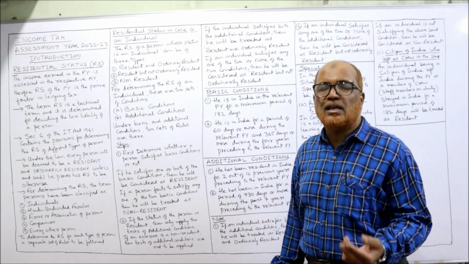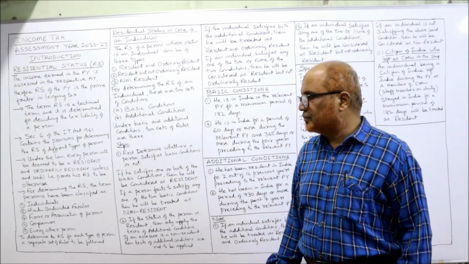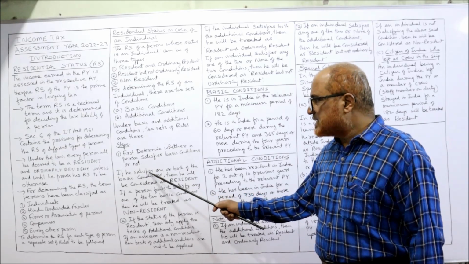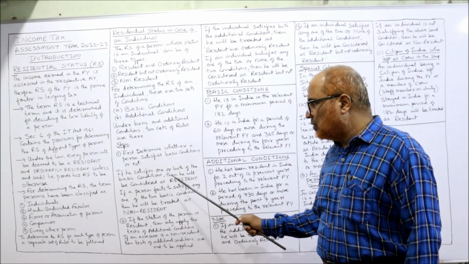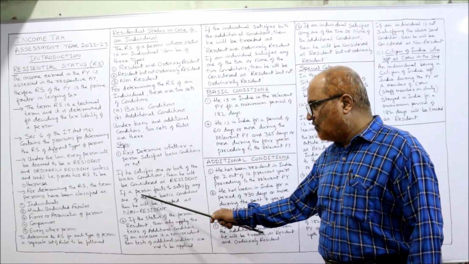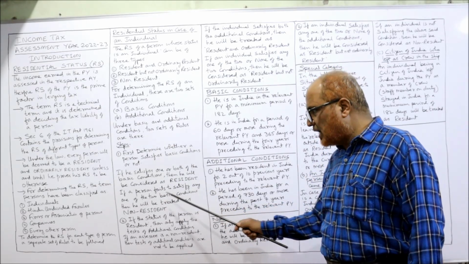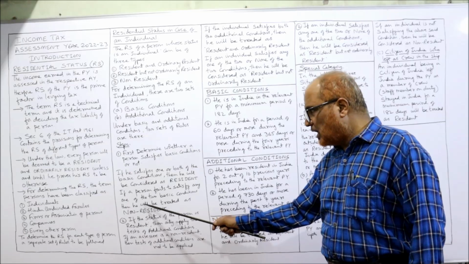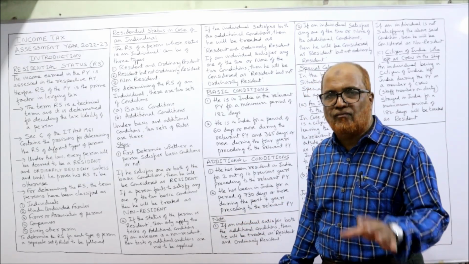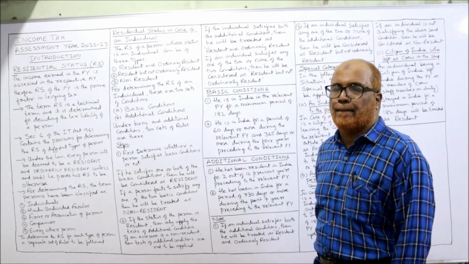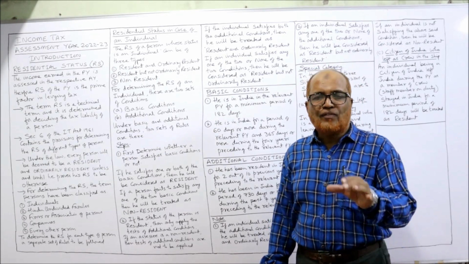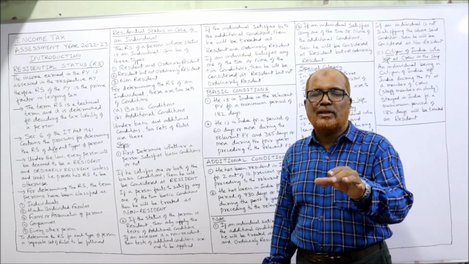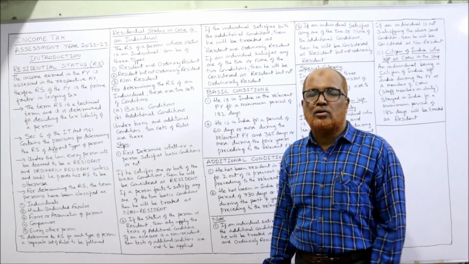How many rules are there in basic conditions? Two rules. If he satisfies one or both of the basic conditions, then he will be considered as resident. If a person fails to satisfy any of the two basic conditions, then he will be treated as non-resident. Very important provision. Basic conditions are two. So first we have to check whether basic conditions are satisfied or not.